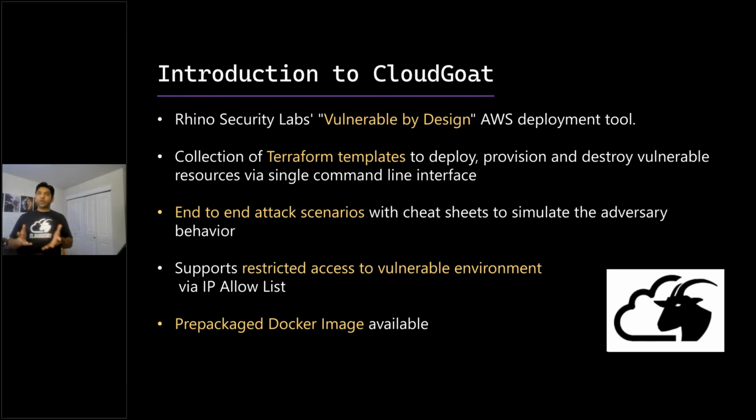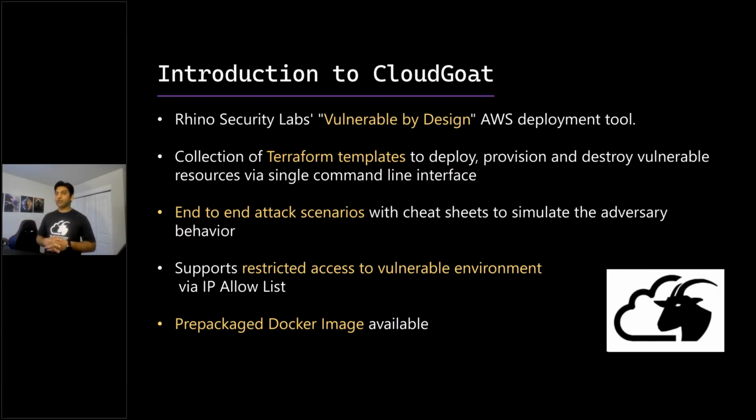Since we are talking about vulnerable by design, I hope you'll be using a non-prod environment. If not, CloudGoat also has the capability to restrict access to the vulnerable environment via an allow list, or via IP or subnet block. When you're starting with setting up CloudGoat, there are basically 2 options.